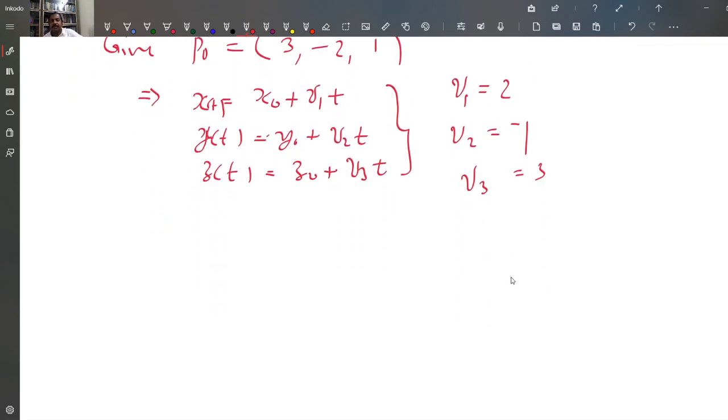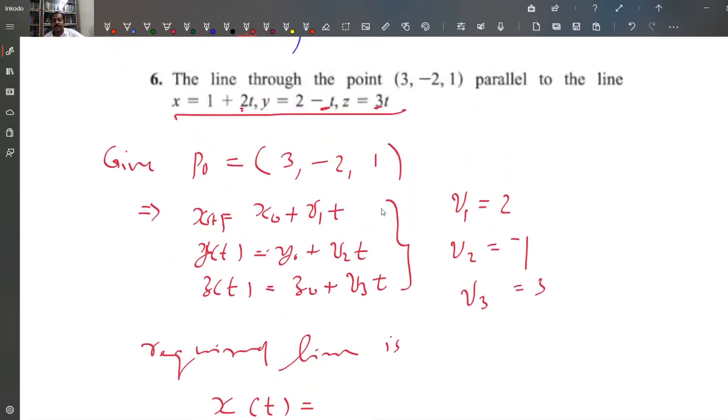So what will be the parametric equation of the required line? x of t is equal to x naught plus, x naught means the initial point.